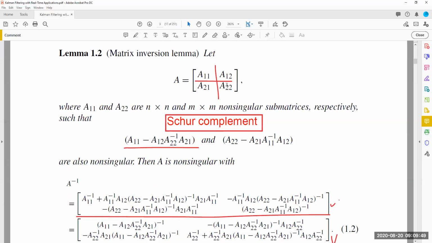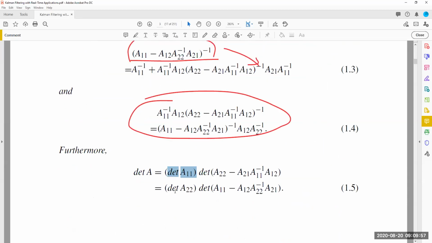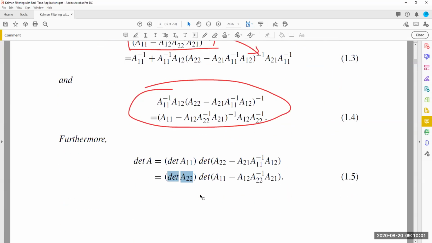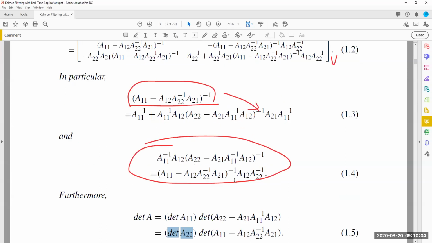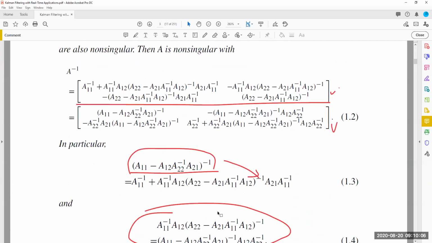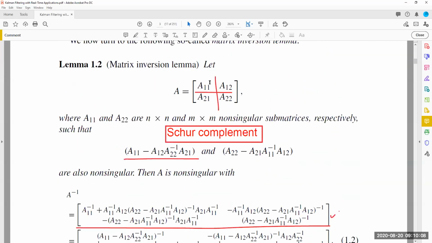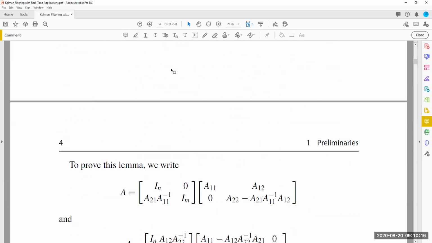Basically, you're starting from here: A22 minus A12, A11 inverse A12. Another form will be the determinant of A22, times the determinant of the Schur complement, which is A11 minus A12, A22 inverse A21. So that's the matrix inversion lemma.